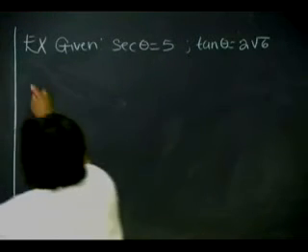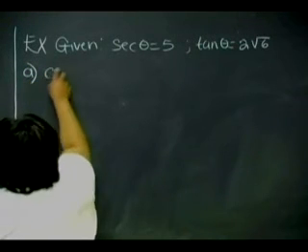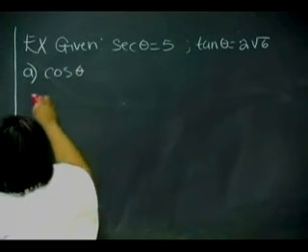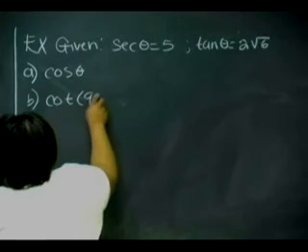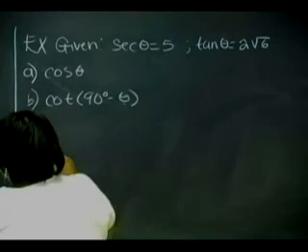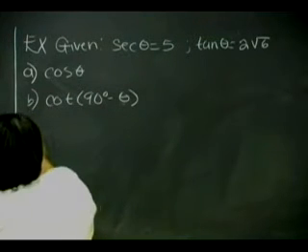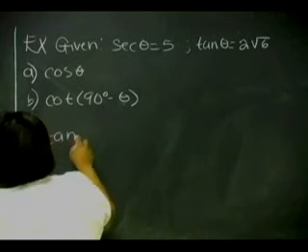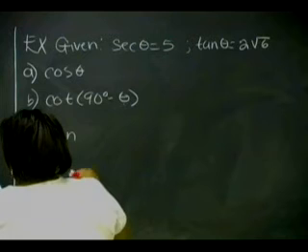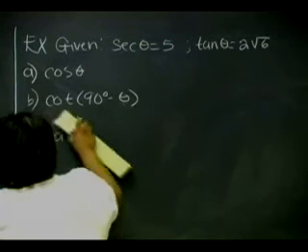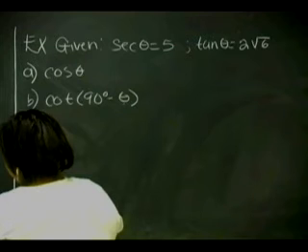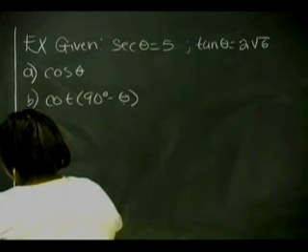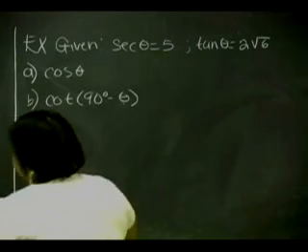And suppose they want us to find cosine theta, cotangent of 90 degrees minus theta, and we'll just leave it at these two.